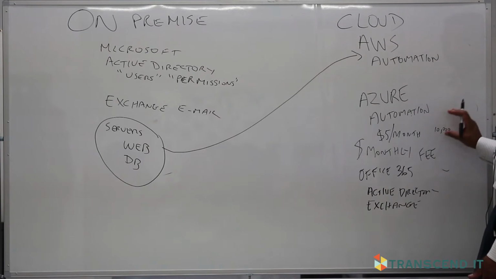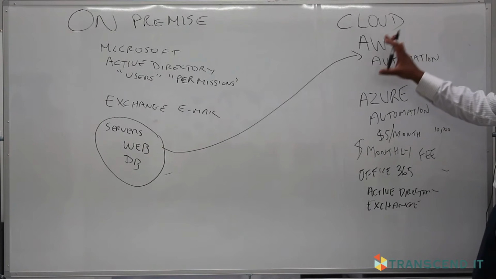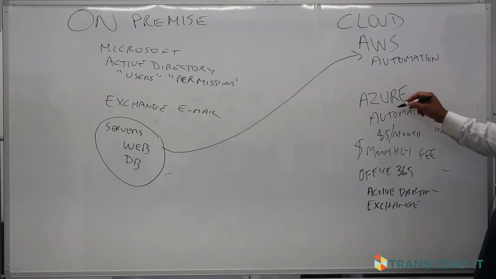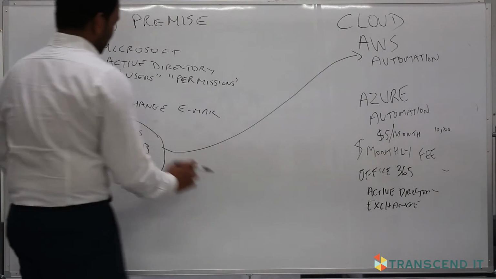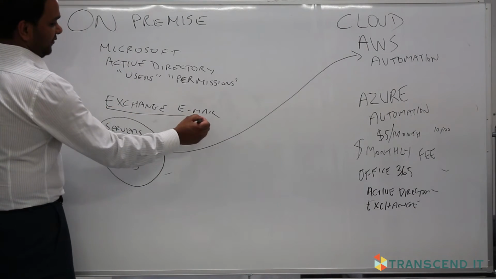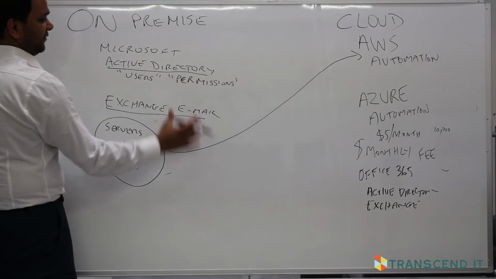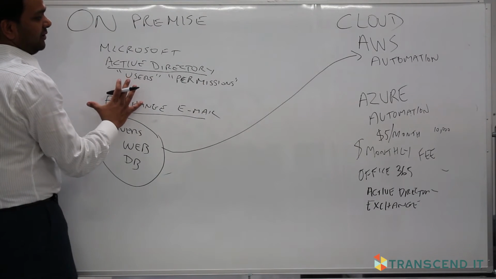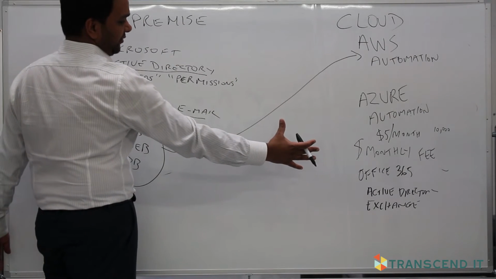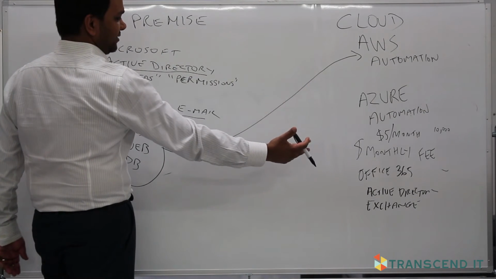So you're paying a lot of money per year to have the freedom to have it hosted here, versus having to deal with supporting Exchange email natively, supporting Active Directory natively. Natively just means you host it yourself over here, versus them hosting it for you over there. So there you're paying a monthly fee.